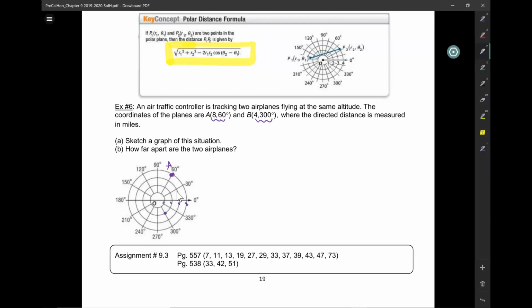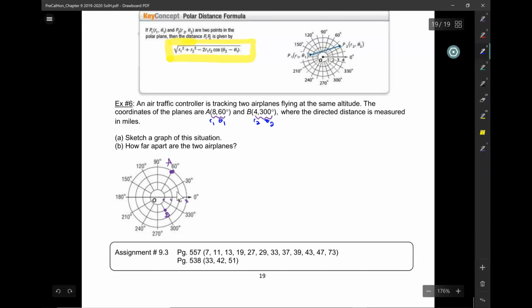Just like we always had x1, y1, x2, y2, now we have r1, theta 1, r2, theta 2. And what are r1 and r2? Those are the distances from the pole to the respective points.